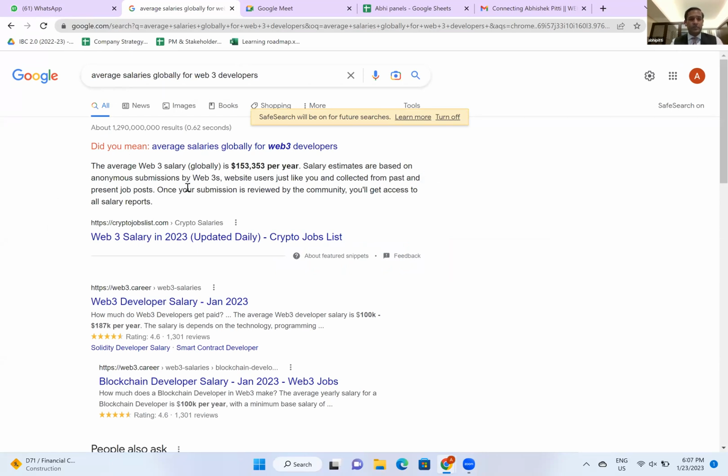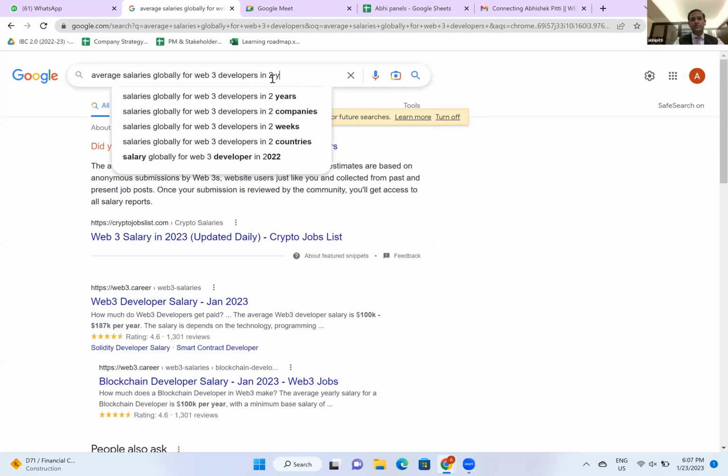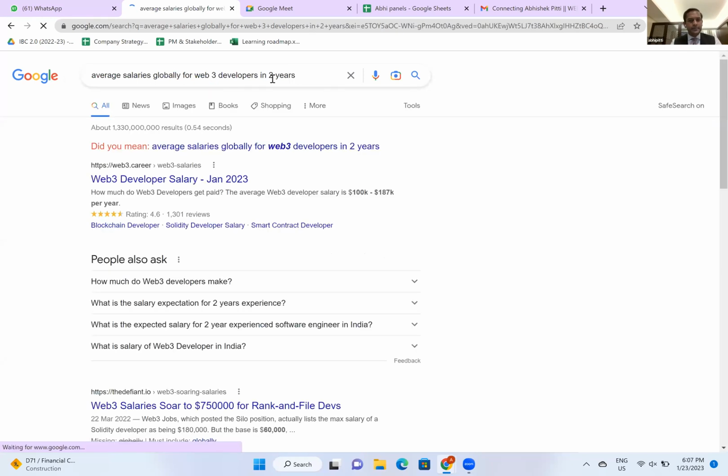Salary estimates are based on anonymous submissions. But let's just say Web3 salaries can be whatever, so how about I say in 2 years, right? So let's see, Web3 careers, for a 2-year engineer.